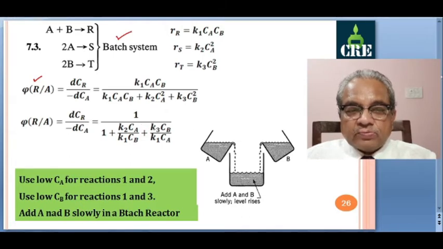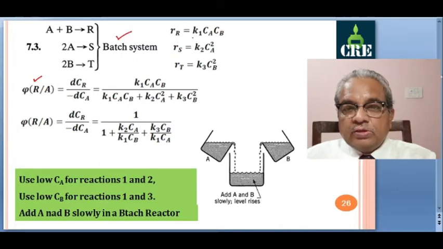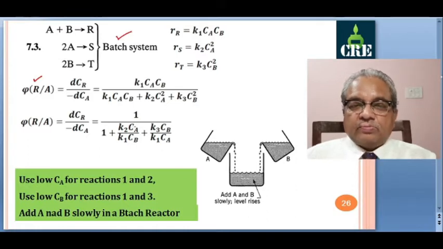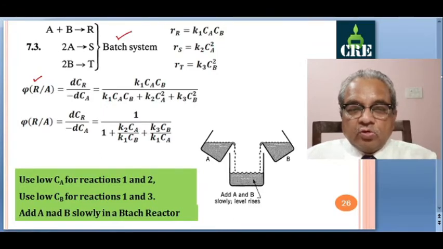To minimize this, what would we prefer? Low concentration of A in reactions 1 and 2. Low concentration here as well as here. Low concentration of B in reaction 3, and also in Ca Cb, so here also we need low concentration.